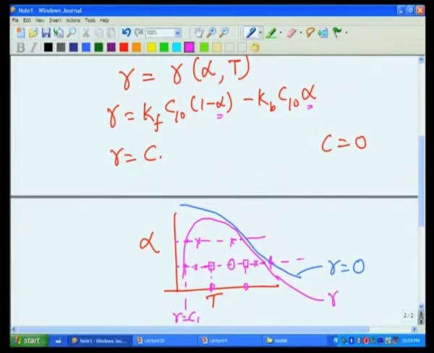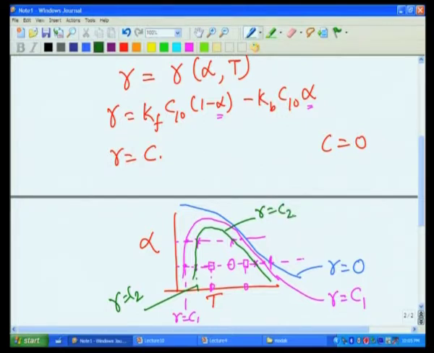So, that is R equal to C1 over here. If I do it for a different value, let us say R equal to C2, and I join all those points, my contours will look something like this.